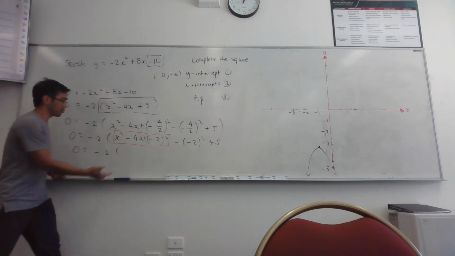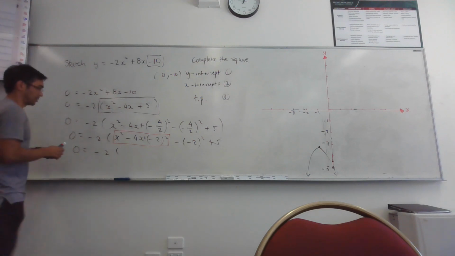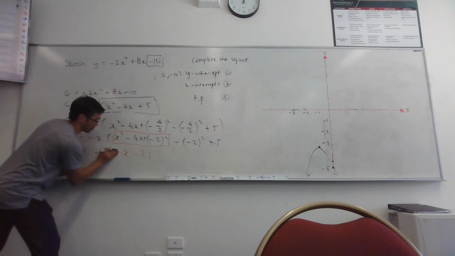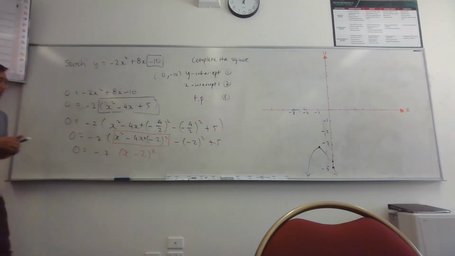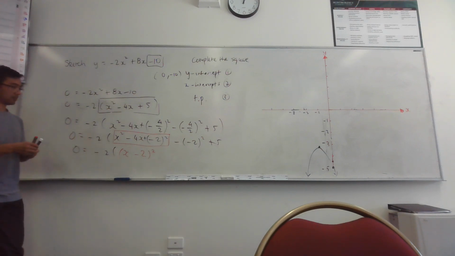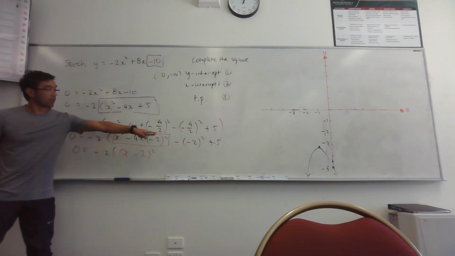What gets written first? We get x minus 2 squared. Can we do perfect square? Probably not though.